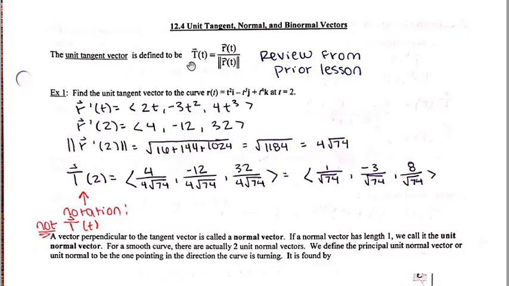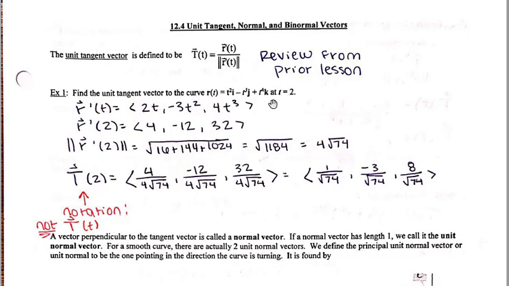So the unit tangent vector, big T, is equal to r prime of t over the magnitude of r prime of t. So in this first example, we're just reviewing how to find that. We're just practicing. So the first thing I need to do is take the derivative to get r prime of t, which I've done here, using this specific function, r of t. And notice that in this problem, I want the unit tangent vector at a specific time, t equals 2.